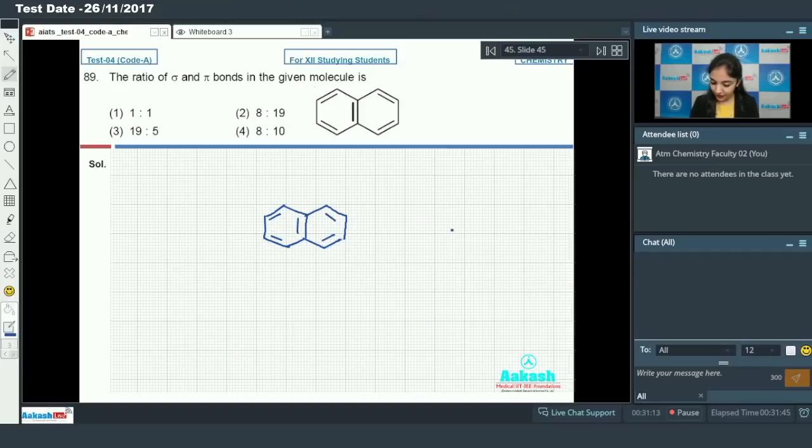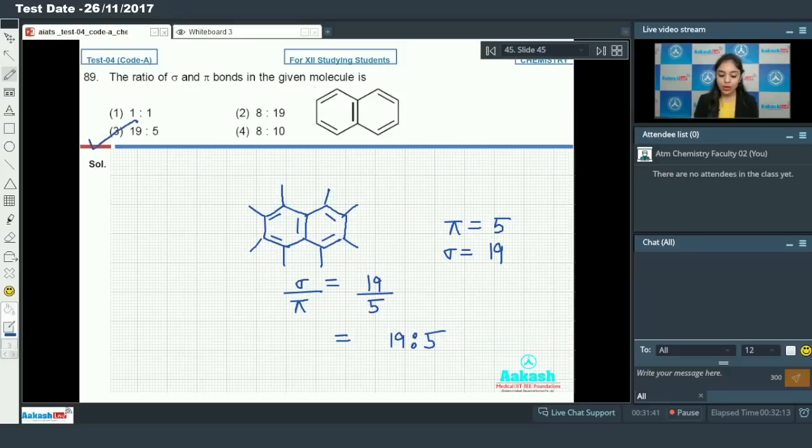The pi bonds are very clear, equal to 5, and the sigma bonds are equal to 19. You can calculate here. So the ratio of sigma and pi bonds is 19 by 5, that is 19:5. So option number 3 is the correct answer.